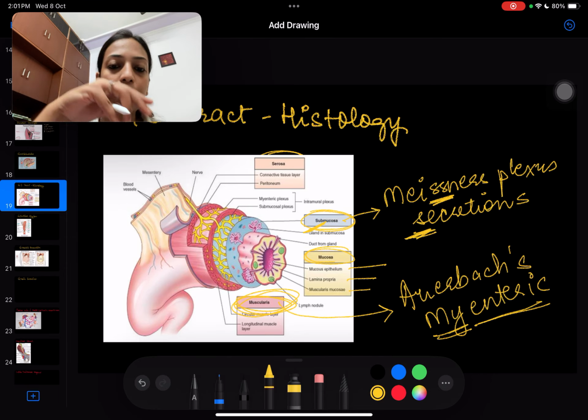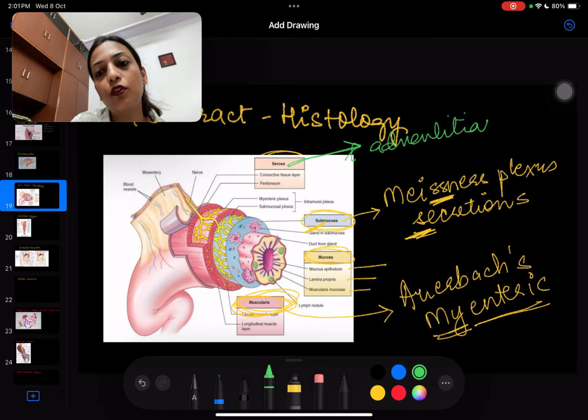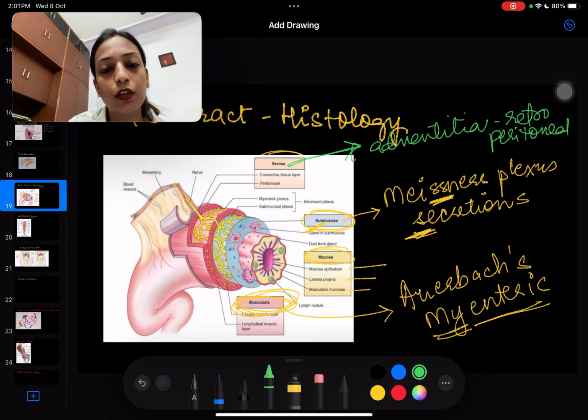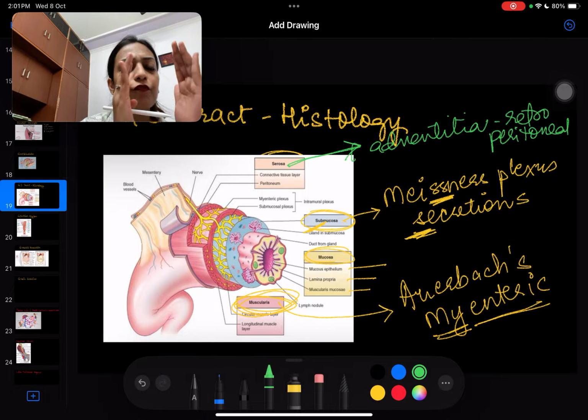Now serosa and adventitia, there is just one thing that you need to know about it. The serosa is also known as adventitia when the organ is retroperitoneal. What are the retroperitoneal organs, by the way? I'll take it up later. The ascending and descending colons are retroperitoneal, while the transverse colon is intraperitoneal.